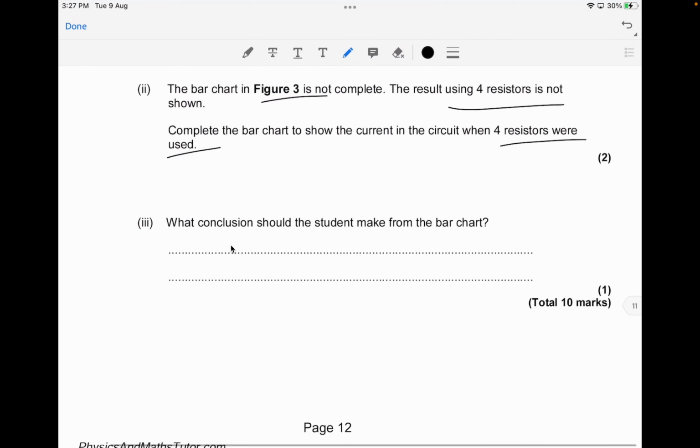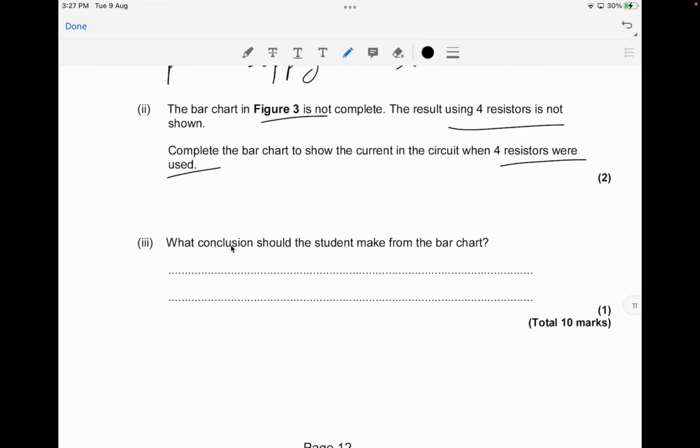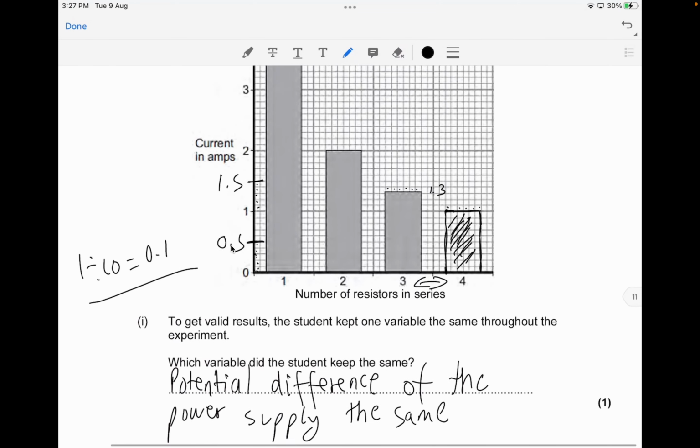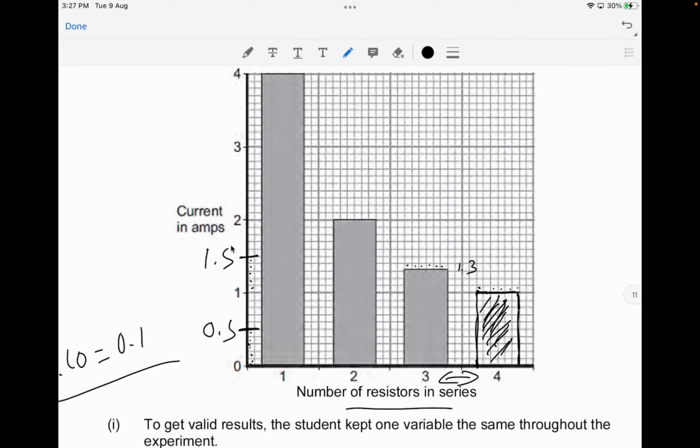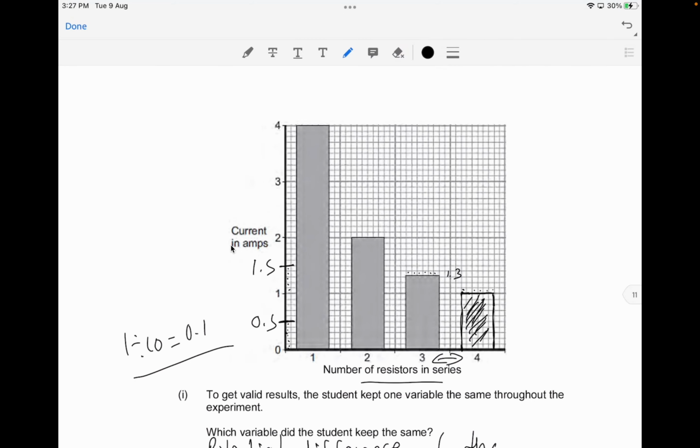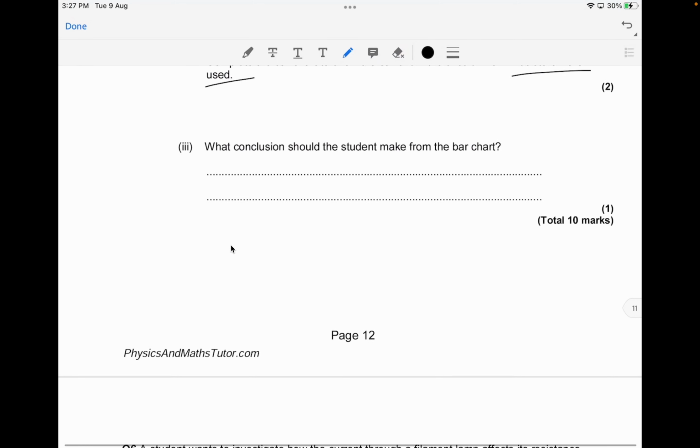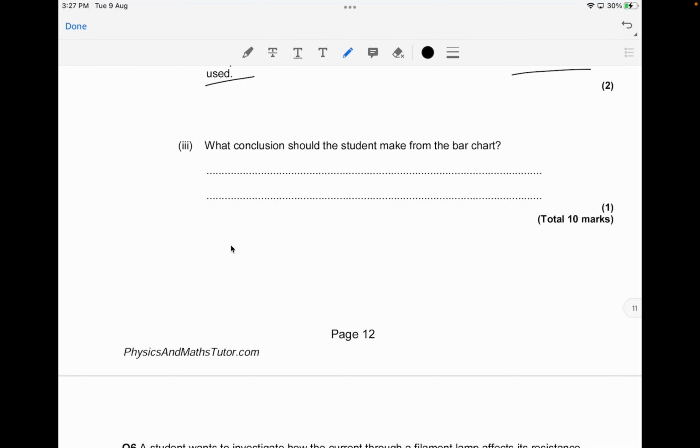Now what conclusion should the student make from the bar chart? Like I said, if you analyze the bar chart, as the number of resistors in series increases, the current in amps decreases. So we're going to mention that in this type of question. And remember, the bar is drawn at a height of about 1.0 amps, so that's okay as well.